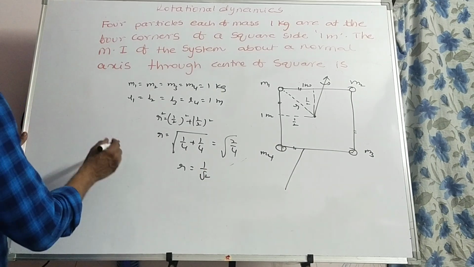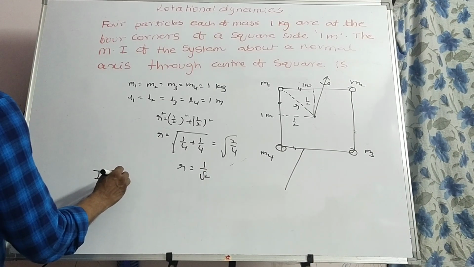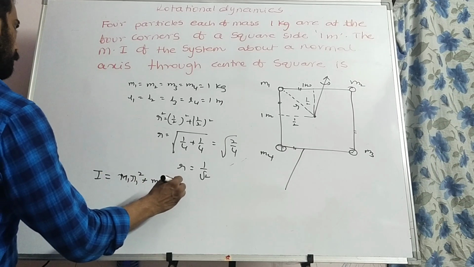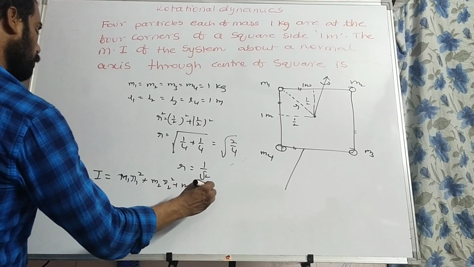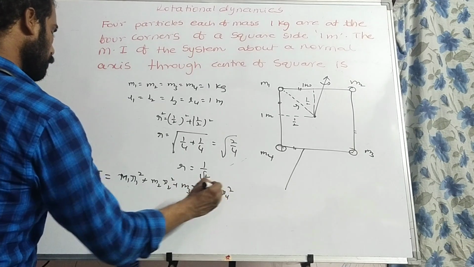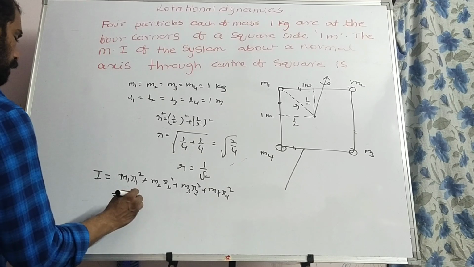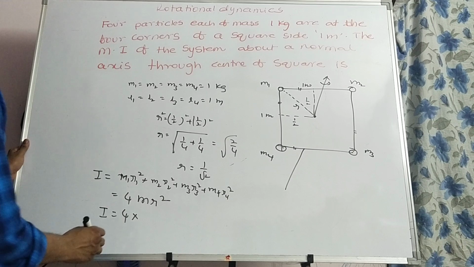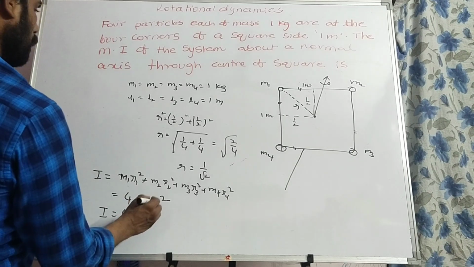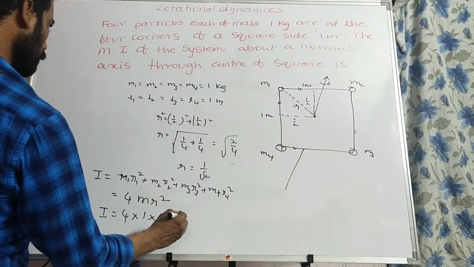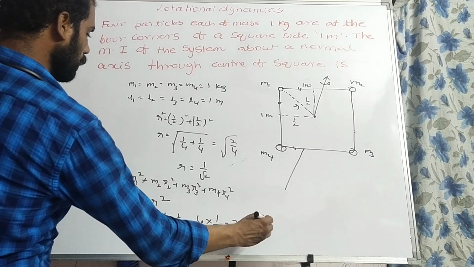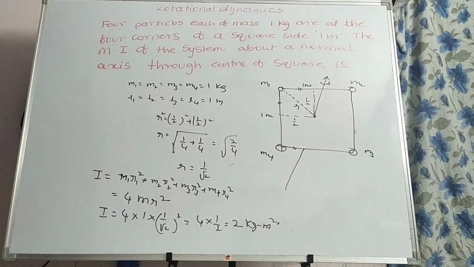Moment of inertia I is equal to m1 r1 square plus m2 r2 square plus m3 r3 square plus m4 r4 square. All are identical, so 4 mr square. I is equal to 4 into mass of each one, that is 1, into r, 1 by root 2, whole square, that is equal to 4 into 1 by 2, that is 2 kg meter square. 2 kg meter square is the answer.